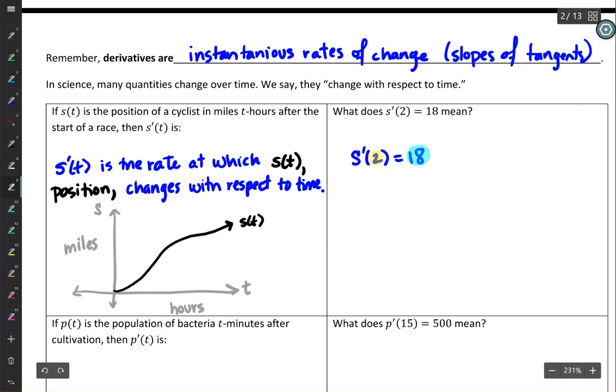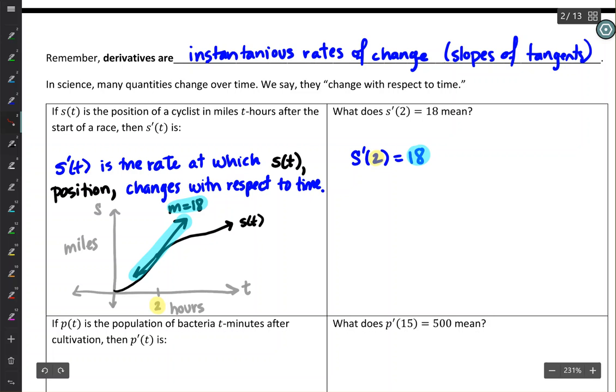At time t equals 2 hours, so 2 hours after the start of the race, the derivative is 18, meaning the slope of the tangent line to the position curve, this guy's slope, is 18. Right? Slope is rise over run. It is miles units over hours units.